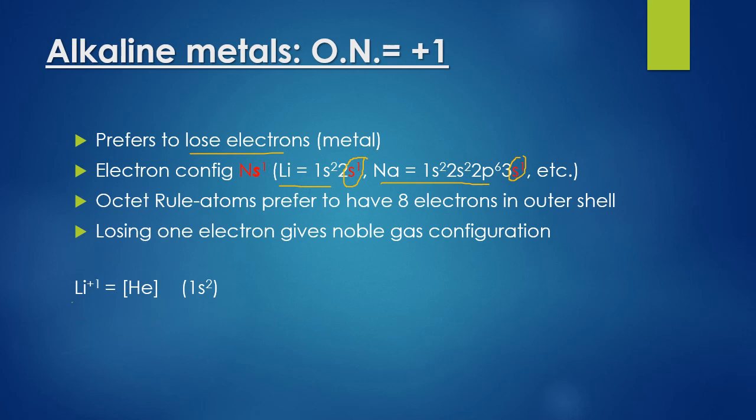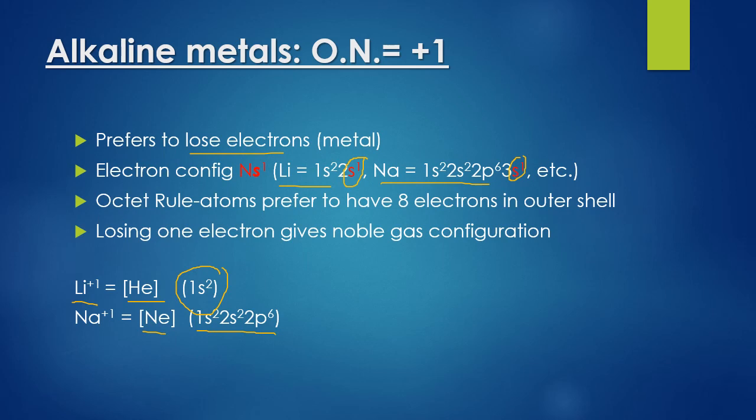So looking at this example, the lithium +1 ion will now have the same electron configuration as helium. So both of their electron configurations will be 1s2. Sodium, when it loses that one electron, now has a noble gas electron configuration the same as neon: 1s2, 2s2, 2p6.